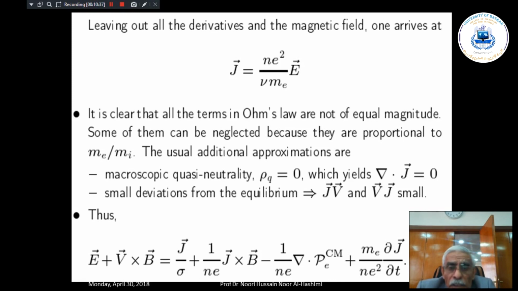The usual additional approximations are macroscopic quasi-neutrality rho sub Q equals 0, which yields del dot J equal 0, and del dot J equals 0 this means static.